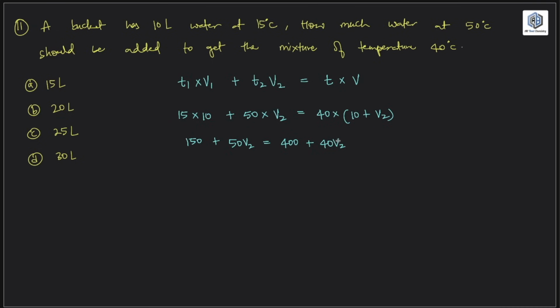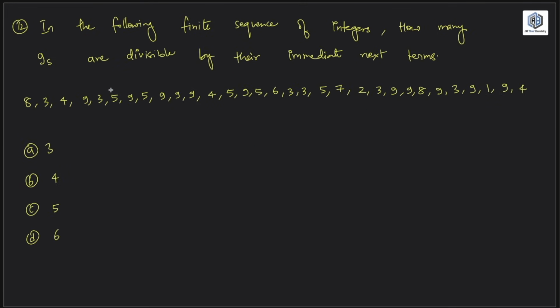You can bring this side and this side, so 50 V2 minus 40 V2 is equal to 400 minus 150. So this becomes 10 V2 is equal to 250, right? So V2 becomes 25 liters. Correct option is option number C. Okay, fine. Let's take the next question.